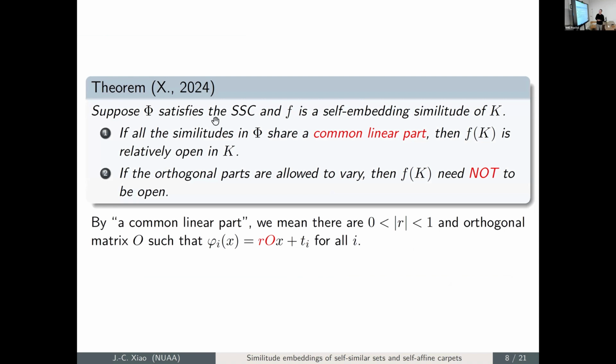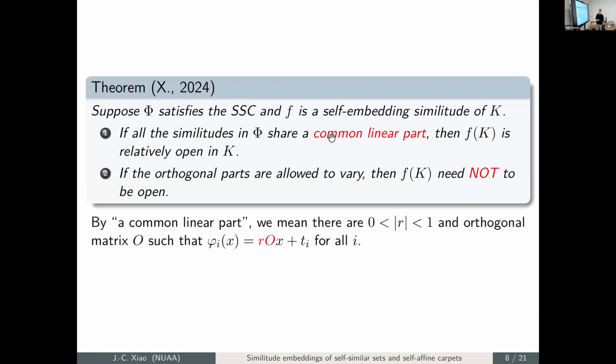So in 2024, I proved that under the strong separation condition, if all the similitudes in the original IFS share a common linear part, I mean that they have the same contraction ratio and the same orthogonal matrix, then the embedded image must be a finite union of cells of K. But this is almost optimal.